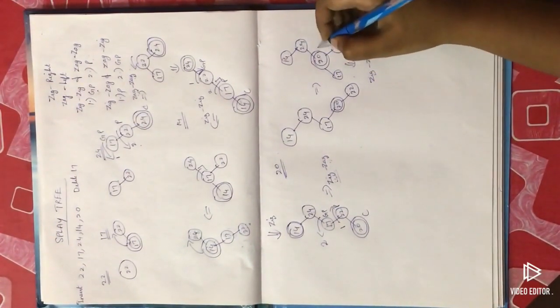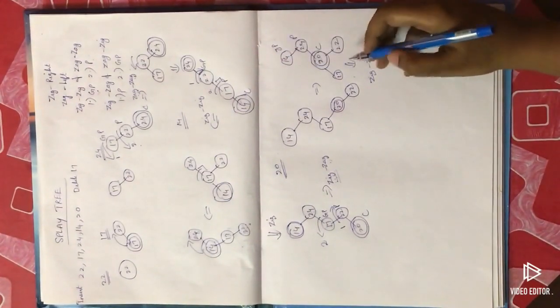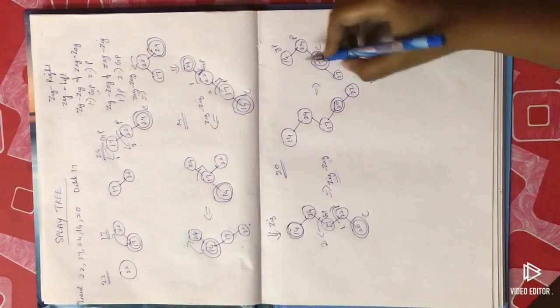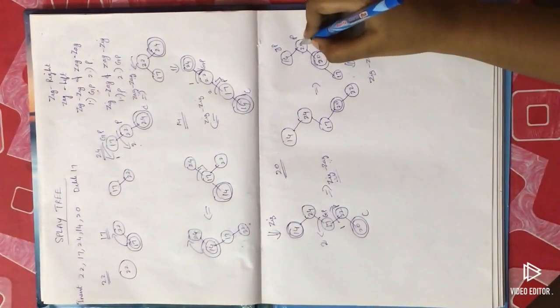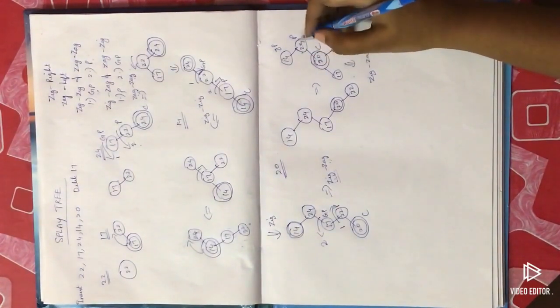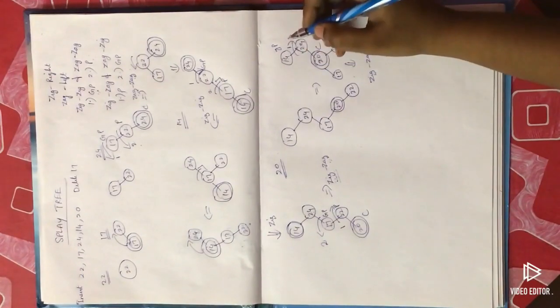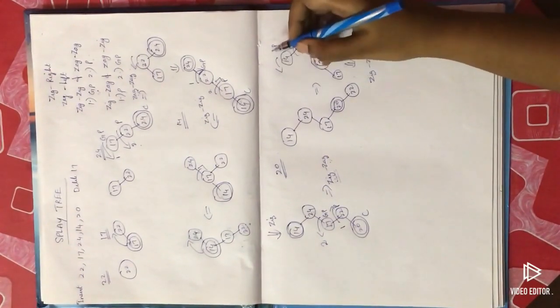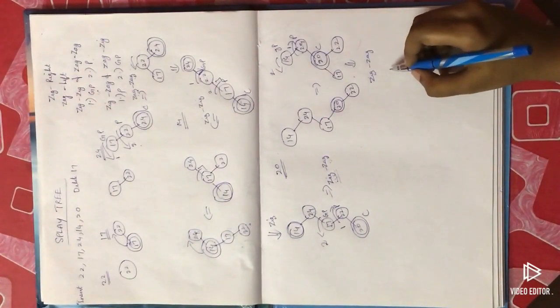Now this is the child, this is the parent, this is the grandparent. Okay. So what rotation did I say? Zig and zag rotation. So first we need to rotate the parent. The parent should be rotated to the right side. That is the first step. Then second step, we have to rotate the grandparent to the left side.